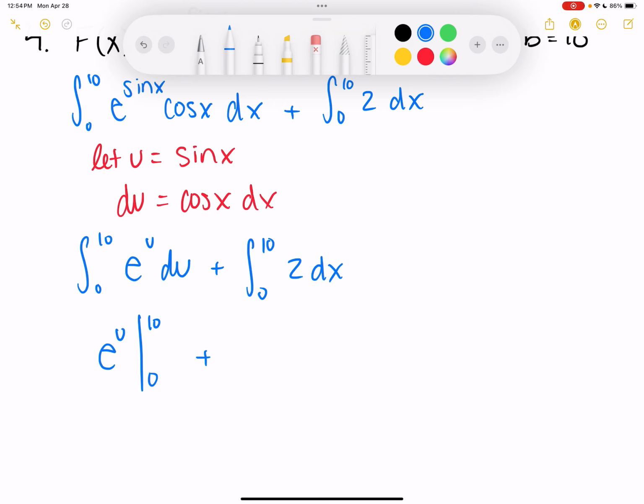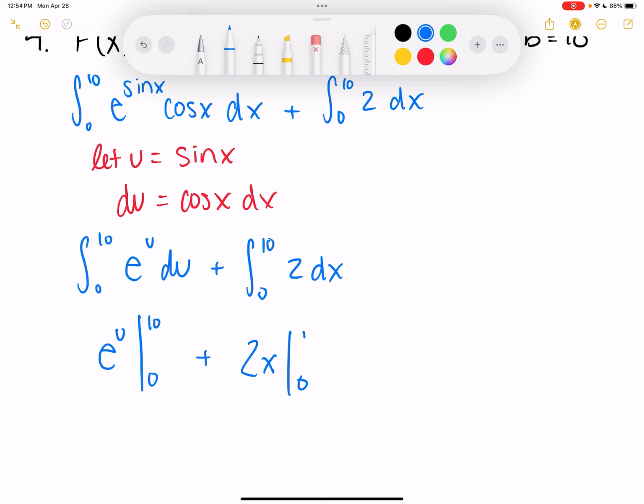So we're doing this step for Virginia. I'm doing this step because you probably would do this a lot faster than the other thing. Plus, what if this wasn't positive cosine? Then I would use the u substitution. Okay, so I'm showing you how to do it in case, because it won't always be like this. And antiderivative of 2? 2x.